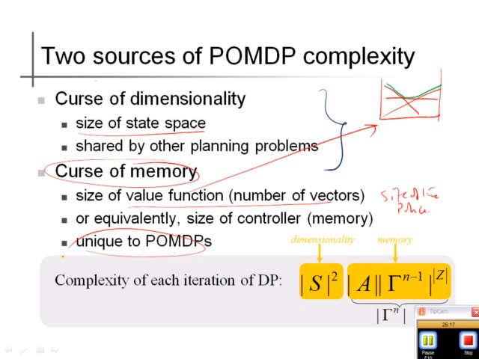And in fact, you should have seen this if you read the textbook, that the number of conditional plans that you have to consider increases in an exponential way when you go from depth k to depth k plus 1, because you have to then compare all these conditional plans and see which is the best.